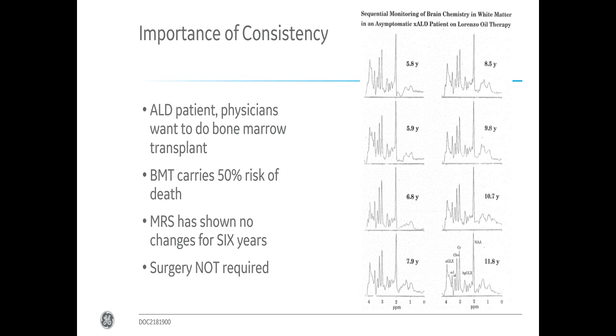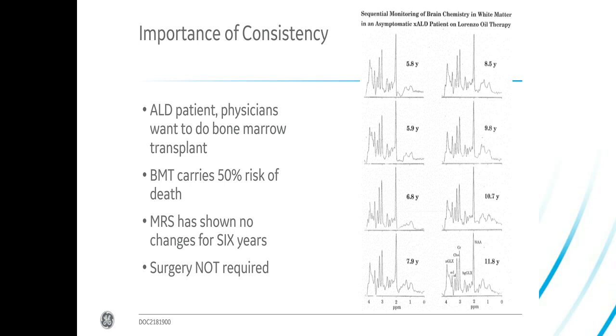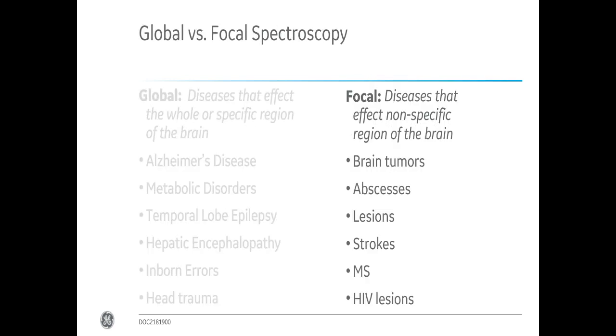So this is another great example of how spectroscopy can be used for treatment monitoring and how consistent your results can be if you are really staying on a protocol and not changing anything during these years.